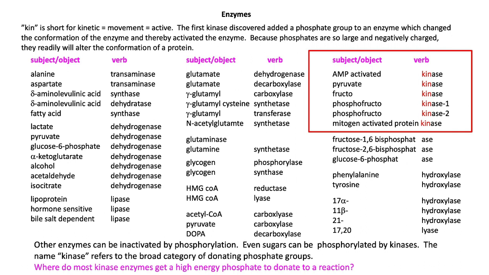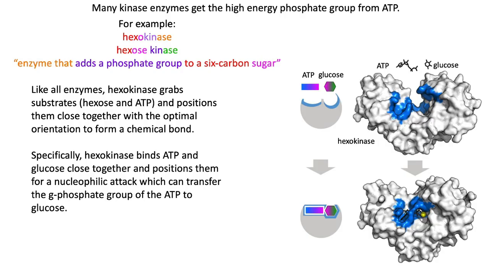So you can phosphorylate some enzymes and turn them on, and you can phosphorylate other enzymes and turn them off. For that matter, you can phosphorylate glucose, and that's not even an enzyme. So a kinase means an enzyme which adds a phosphate group to some other substrate, a sugar, another enzyme, whatever.